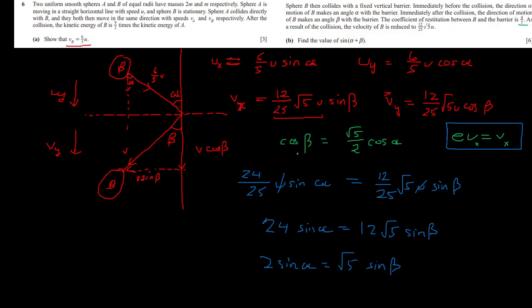Since we did cos beta this way, we'll do the same for sine beta. So we'll be getting 2 root 5 over 5 sine alpha equals sine beta, which is 2 by root 5 sine alpha. So this is the value you're going to be getting.